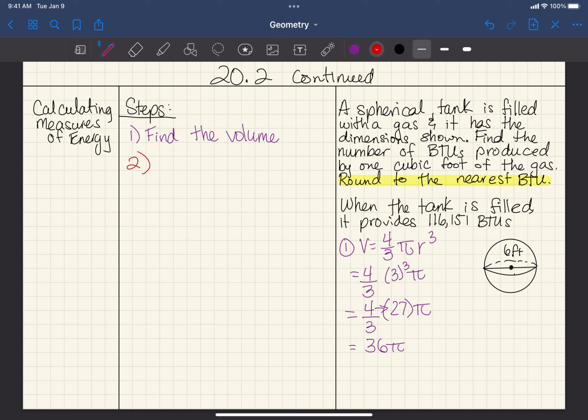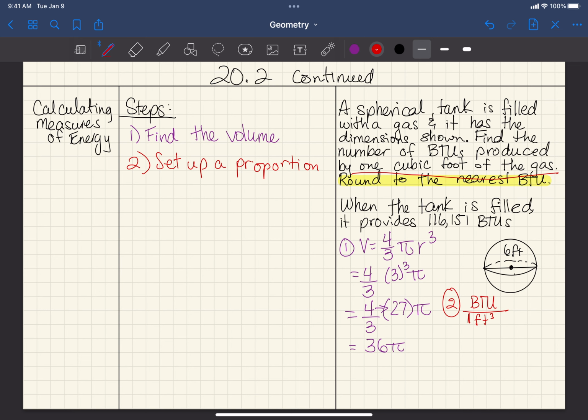My second step is to set up a proportion. So this is where we kind of have to know our conversions, right? When we set up a proportion, I have every BTU is in 1 cubic feet. My question tells me that: 1 cubic feet of gas.